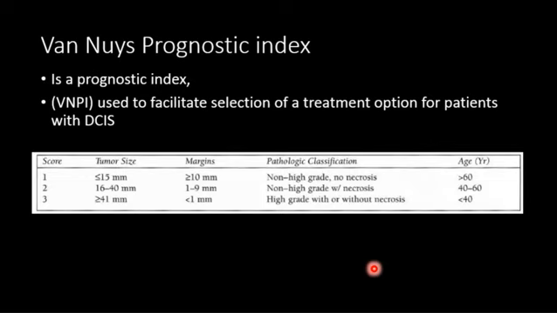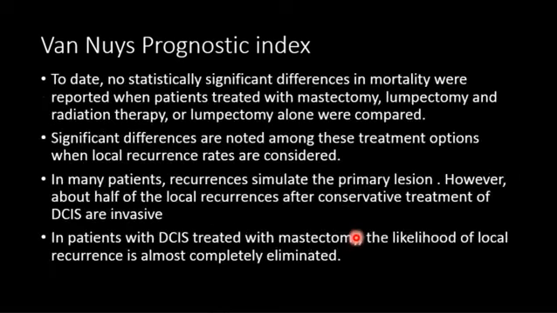Every variable gets 1 point, 1, 2, 3. If the tumor size is less than 15, you give it score 1, margins more than 10, and so on. Everything you give a score, and at the end, the score will tell you what to do for the management of this patient.